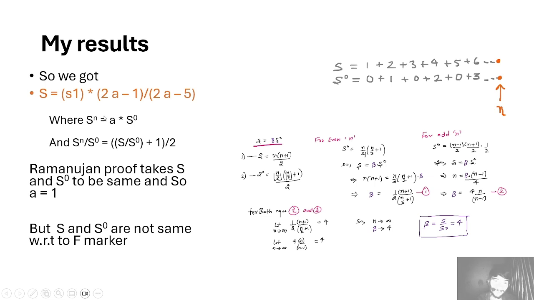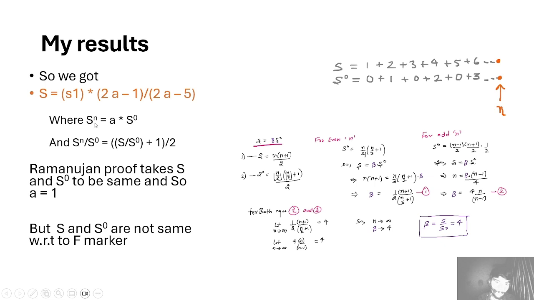According to him, the final sum that we will get is the same as S naught. That doesn't make sense because it seems like some sort of assumption. But we can calculate the value of a here, because if you plug in a equal to 1, then you'll see the sum reduces to negative 1 by 12.